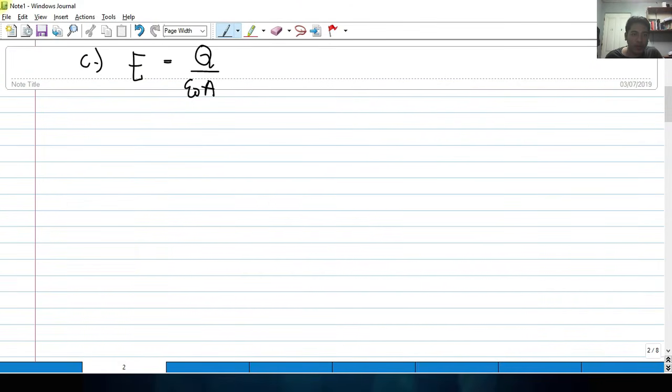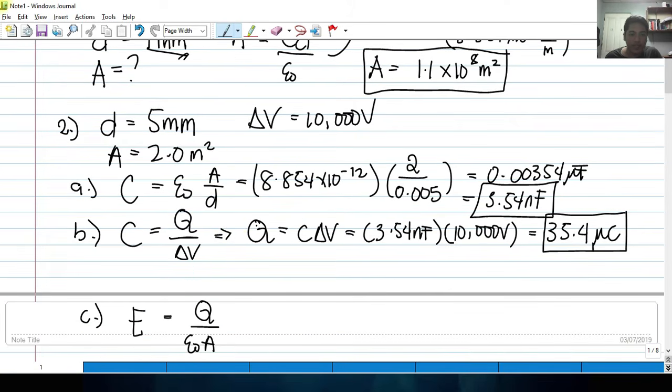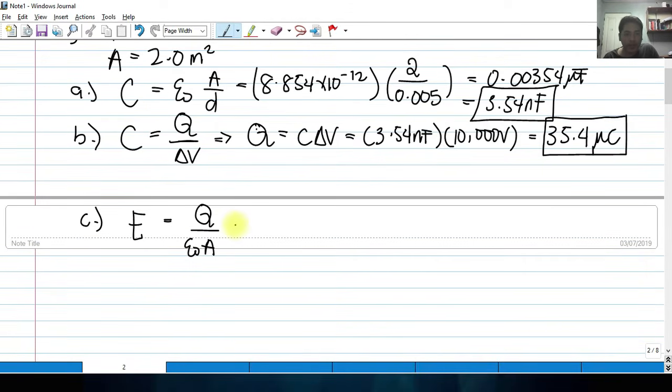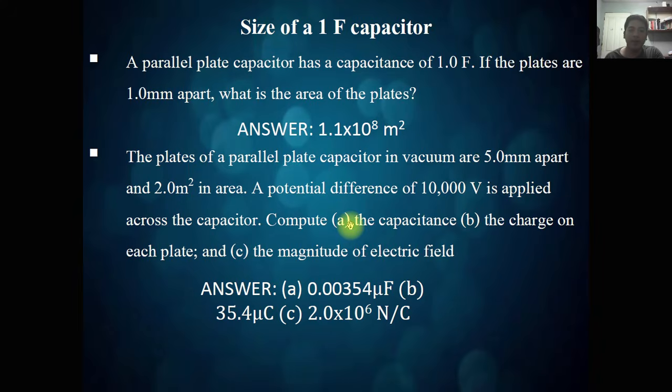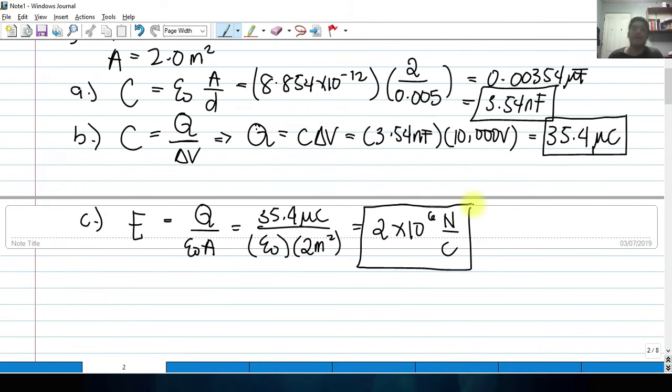So the magnitude of the electric field should be equal to 35.4 microcoulombs over epsilon sub 0 multiplied by the area, that is 2 meters squared. If we calculate that, we should get an electric field of 2 times 10 raised to 6 newtons per coulomb. This is a large electric field.